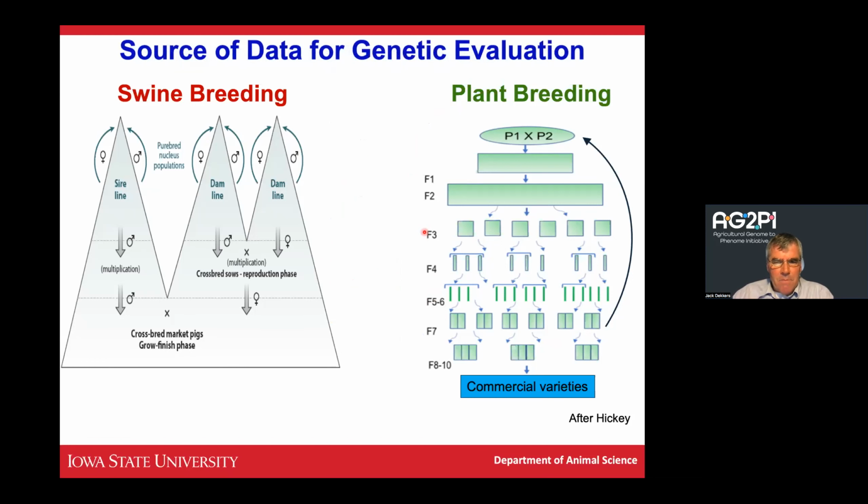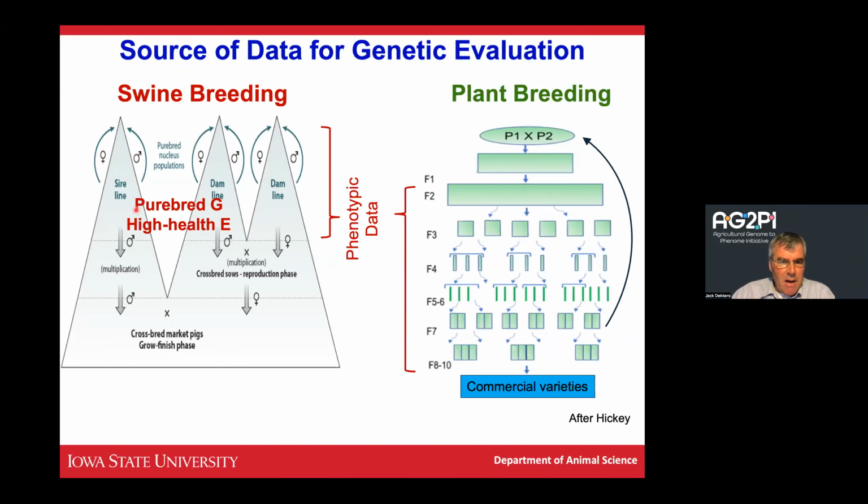That also brings up some challenges, because most of the phenotype collection is up here in animal breeding, in the purebred animals, and typically under very high biosecurity, because you don't want a disease outbreak in your germplasm herds, because you wouldn't be able to sell the germplasm anymore. So it's a very unique environment.